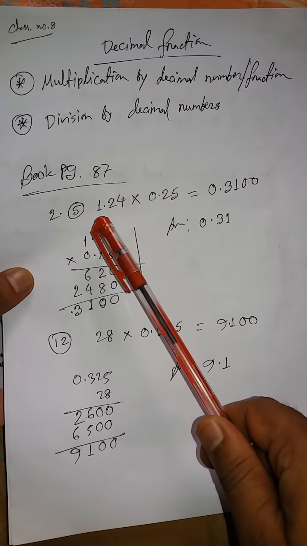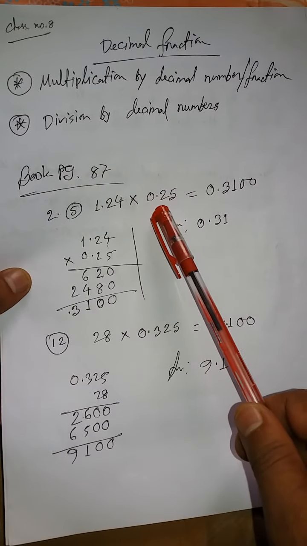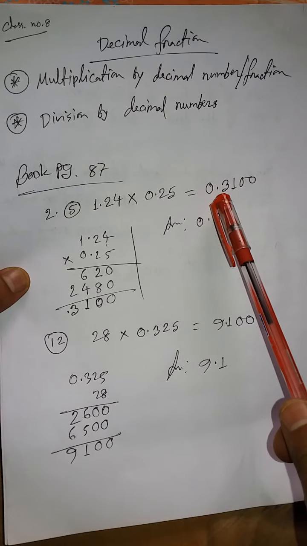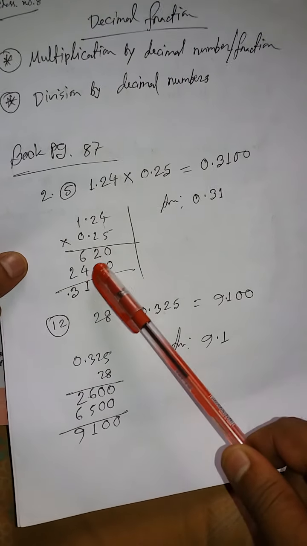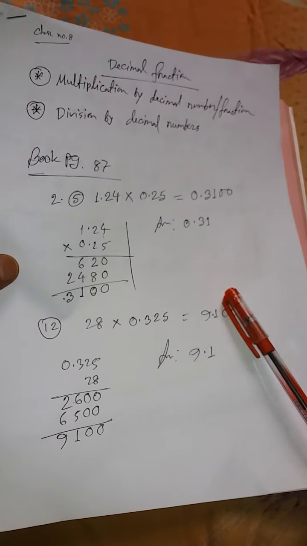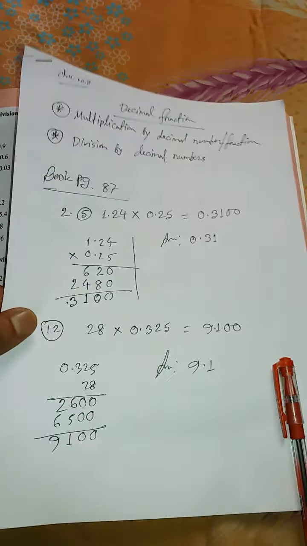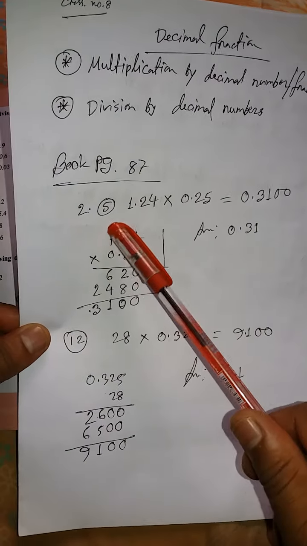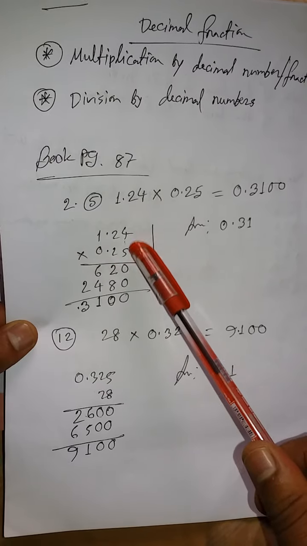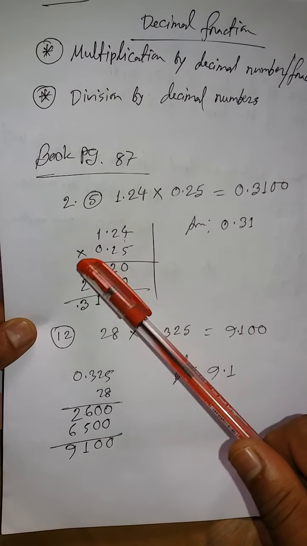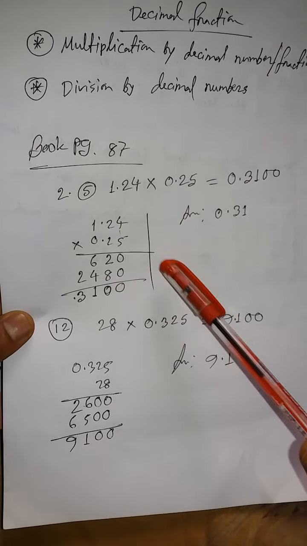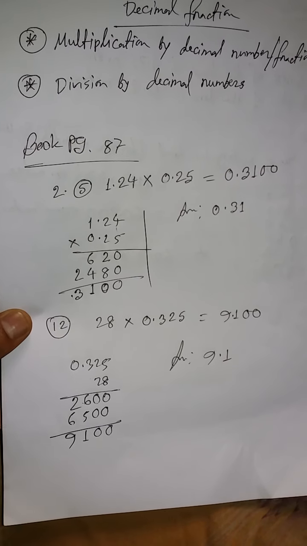Look here, 1.24 into 0.25. You have to do the multiplication vertically, like my way. Otherwise there will be a chance of mistake.